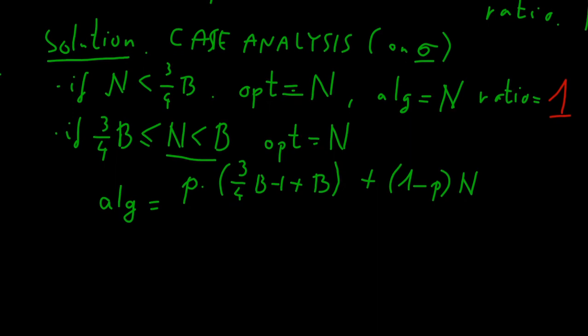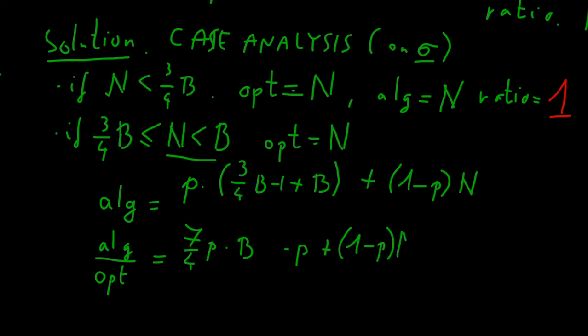And then I just have to bound this ratio, algorithm divided by optimum, which is, in this case, I will just try to put the terms here, so it's 3 over 4 p times b, okay, minus p, yeah, that's fine, plus 1 minus p multiplied by n, and this whole stuff is divided by n.